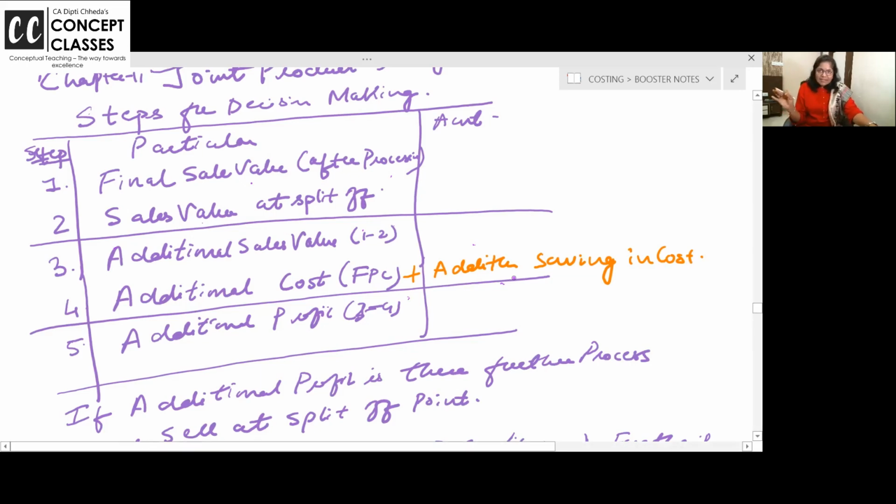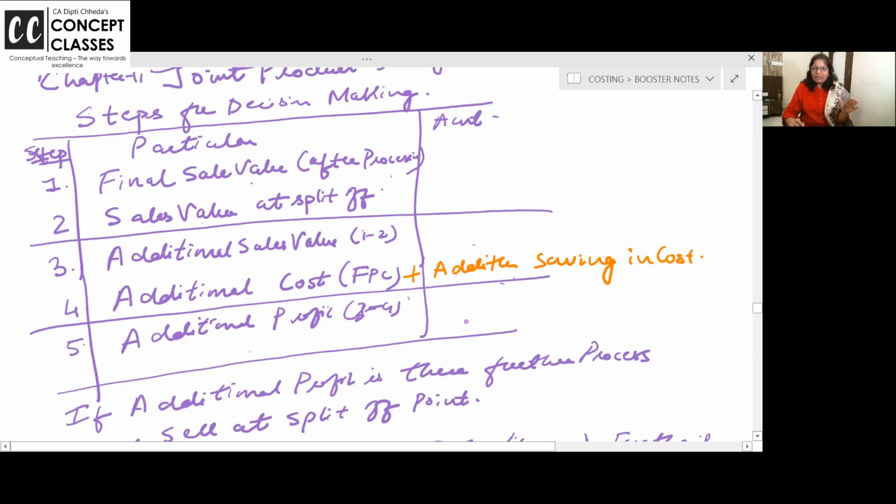If you sell as it is, selling expenses are 16 lakhs. If you further process and sell, selling expenses are 14 lakhs. So you have saved 2 lakhs in further processing. So that is also an income. And if this is giving additional profit, further process it or sell it at the split off point.